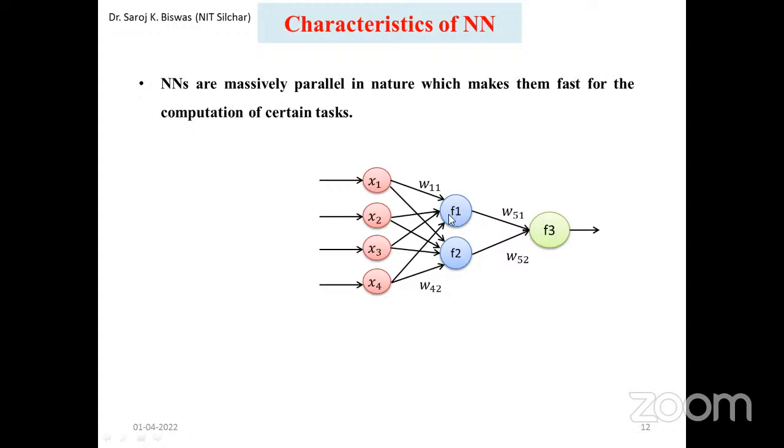Even if we are doing the computation one by one, the information is not sent to the next layer until all the neurons of the same layer are computed. Once all of the layer is completed, only then are we sending all the information, and again we calculate. So the neurons are working layer by layer. Until all the neurons in a layer are computed, the information is not passed. In that sense, we can say neural network is working in parallel.